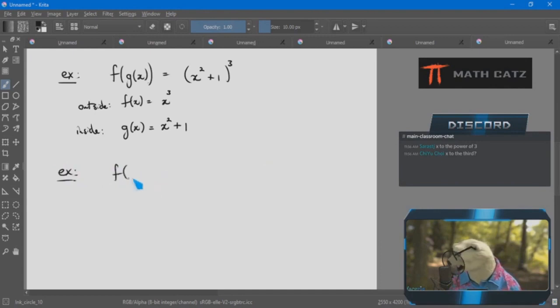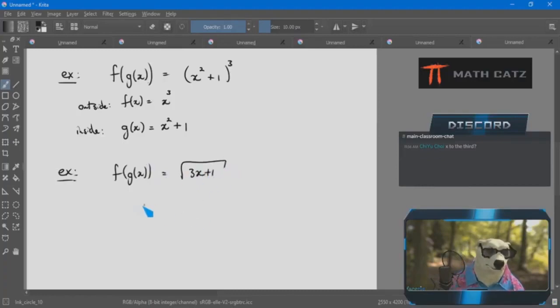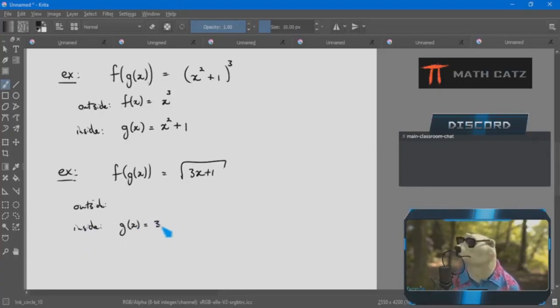Let us say I'm thinking of a function, and the end result is root 3x plus 1. Again, you decide, do I go outside first? Do I go inside first? Don't force it, whatever you spot. For me, personally, I spot the inside function more easily, so I'll just go with it.